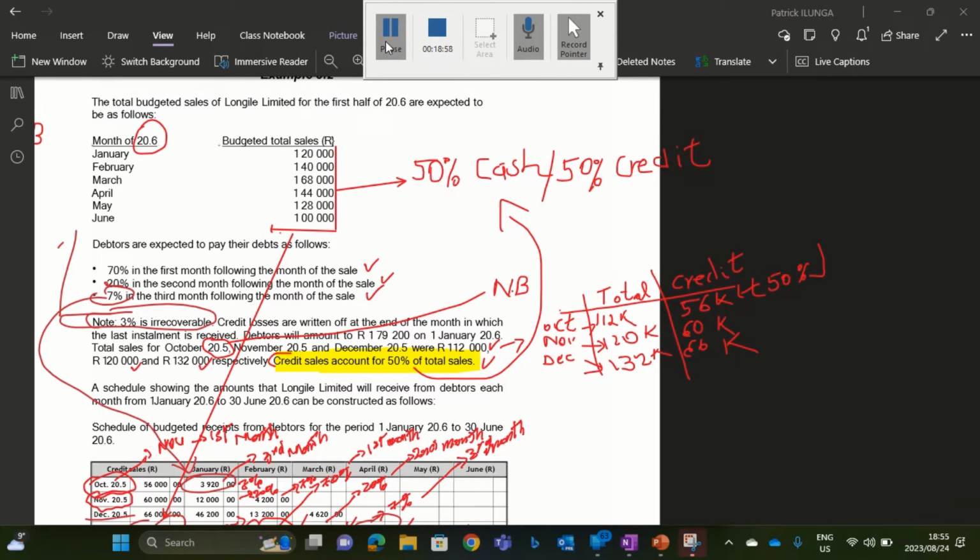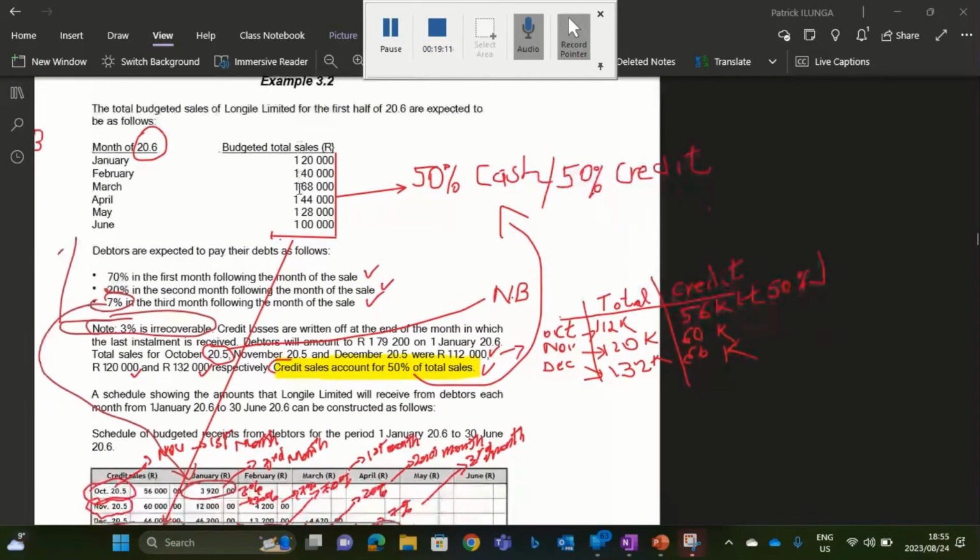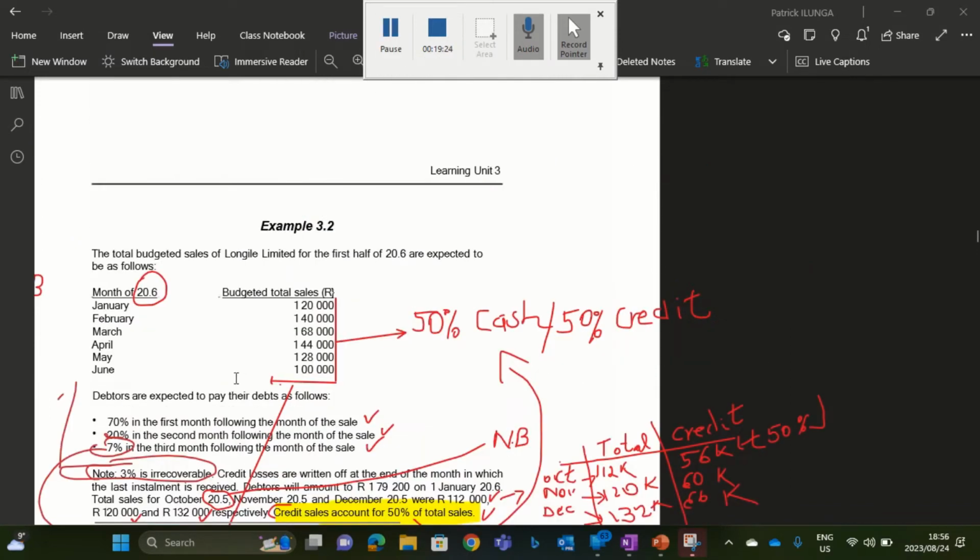The debtors are expected to pay their debt in a certain way. For example, as you can see in this example, 70% of the debt we intend to collect in the first month, 20% of the debt we intend to collect in the second month and 7% in the third month.